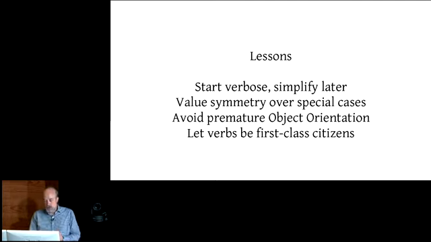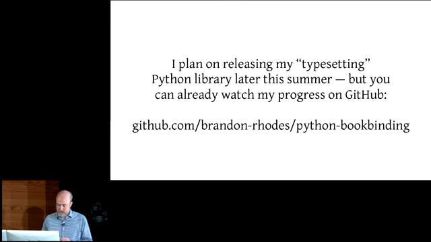I've learned over the years in my designs to start verbose, and don't be afraid of that, and to simplify and collapse things down later. I have come, despite myself, to value symmetry over special cases, to avoid premature object orientation, and to let verbs be first-class citizens. Attach them to nouns only if there's a compelling reason, like dynamic dispatch.